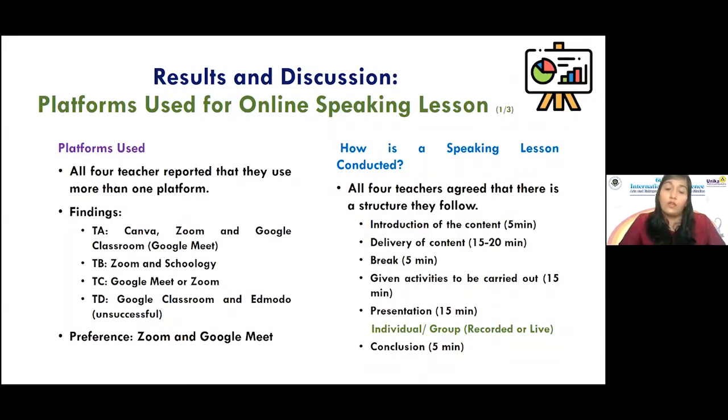So they have reported they have done both individual and group presentation. They have also reported that the students have presented either live, like what we are doing right now, or they have recorded their presentation and sent it to the teachers so that their work can be assessed later. And finally, there's a conclusion.